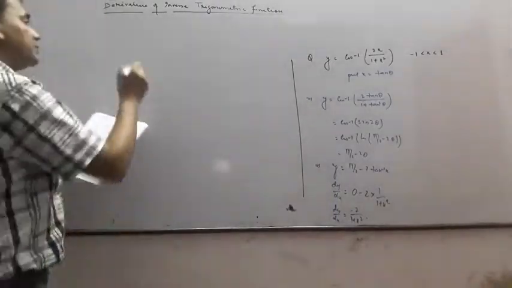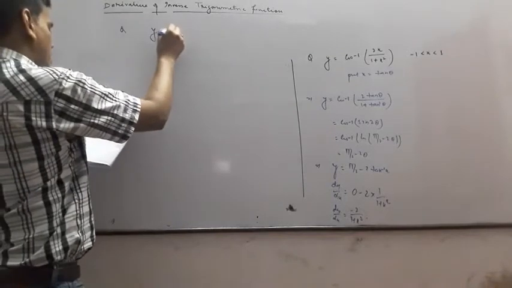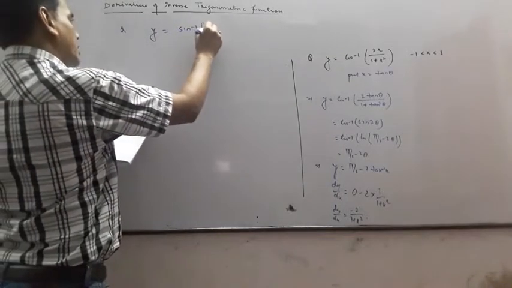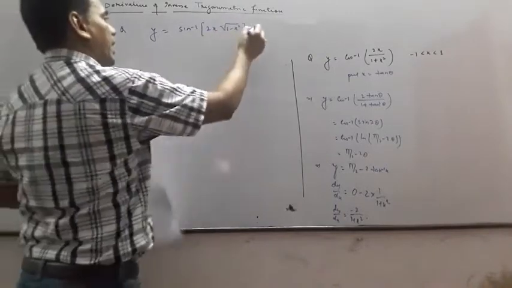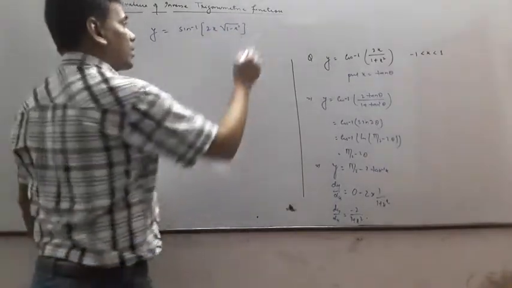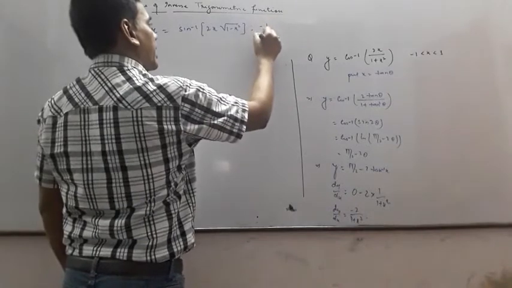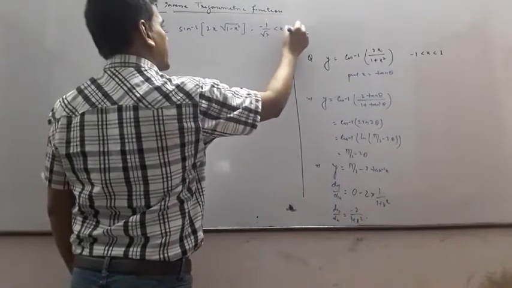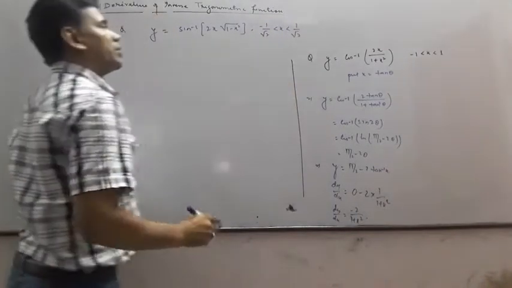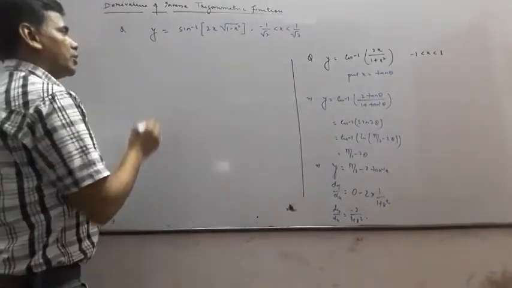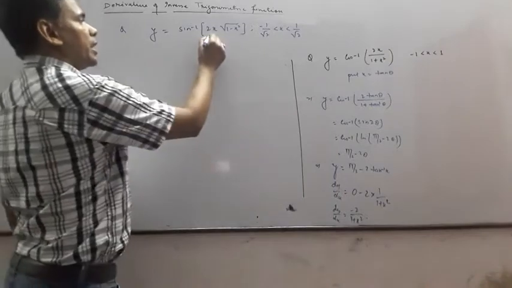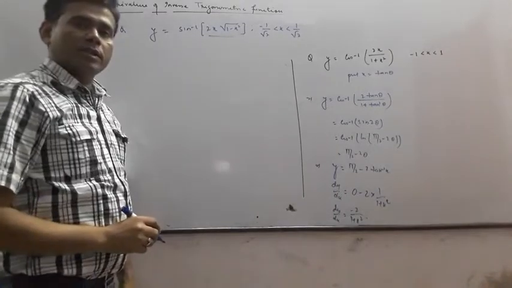Next question: y equals sin inverse of 2x under root of 1 minus x square, and the given restriction is minus 1 by root 2 less than x less than 1 by root 2. So it holds good for this given domain. Now you see it is in the form of 2 sin theta cos theta.